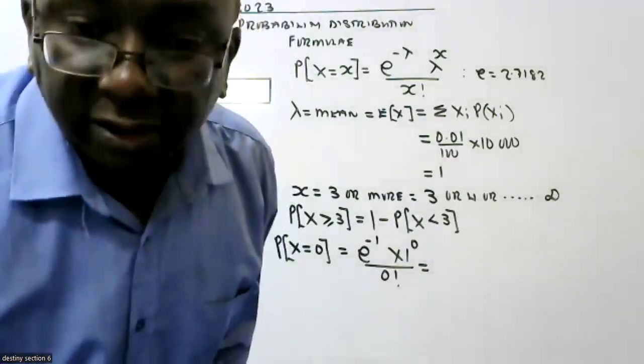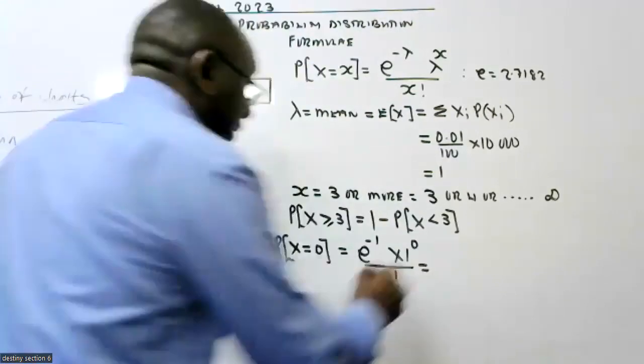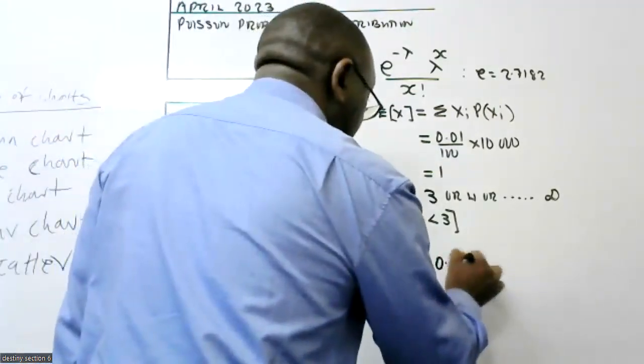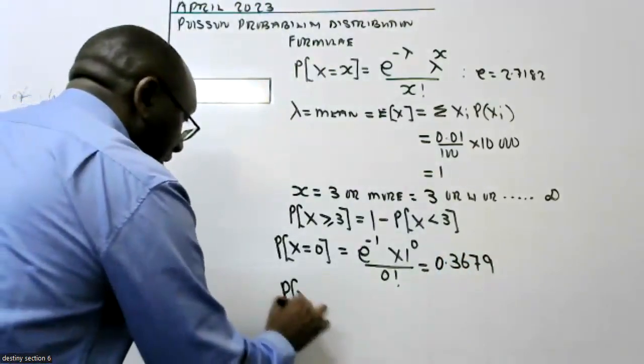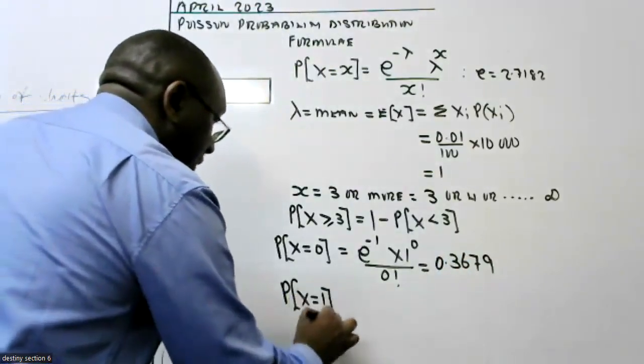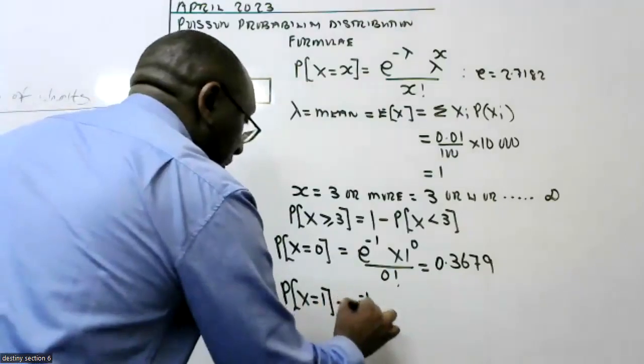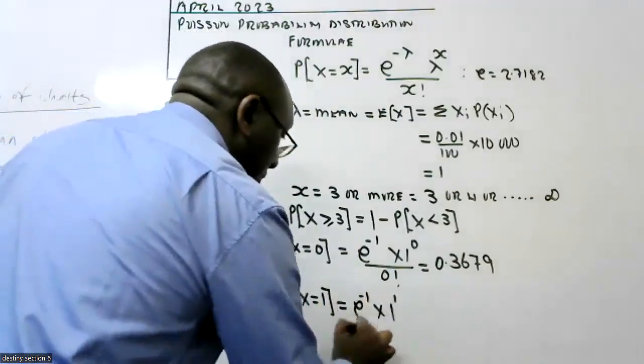Okay, 0.3679. Yes. Then come here and say probability that x is equal to 1. It is e raised power minus 1 times 1 raised power 1.